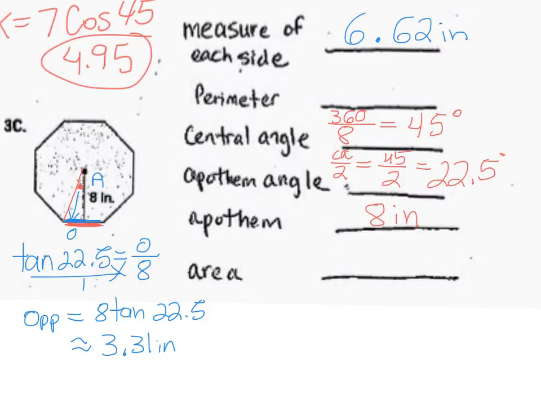Okay, so if the length of the side is that, the perimeter, you multiply it by 8, that is 53 point what? Okay, so it's 53.02, no? Okay. You kept all the decimals? Yeah, so let me work it out.